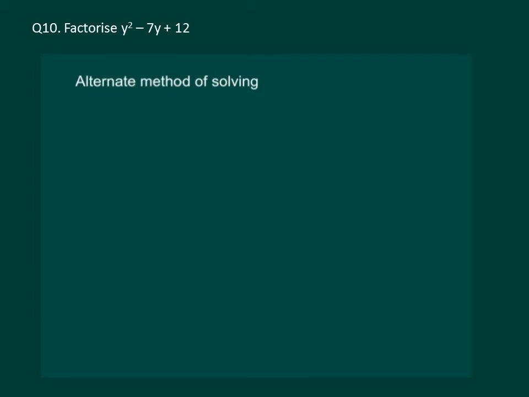We have an easier and alternate method of solving the same question, which was to factorize y square minus 7y plus 12. We know that 12 has the factors 2 and 6, also 3 and 4, and also 1 into 12.